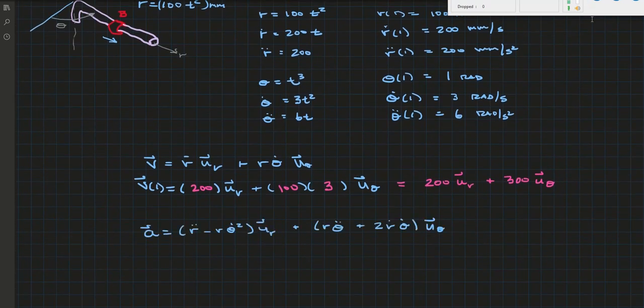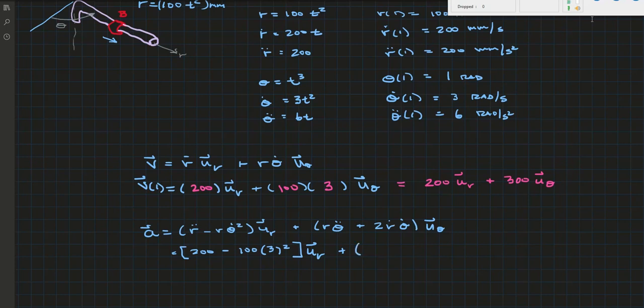Okay, moving on to acceleration, we have this relationship, and just plugging in the values here, r double dot is 200 millimeters per second squared minus r of 100 times our angular velocity squared, 3 squared. That is our u sub r.